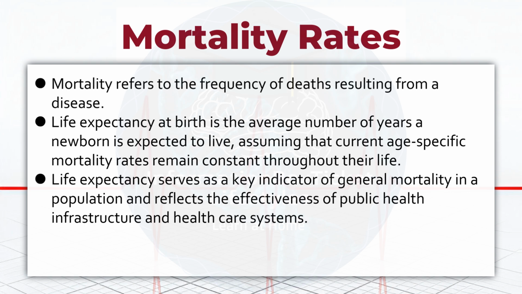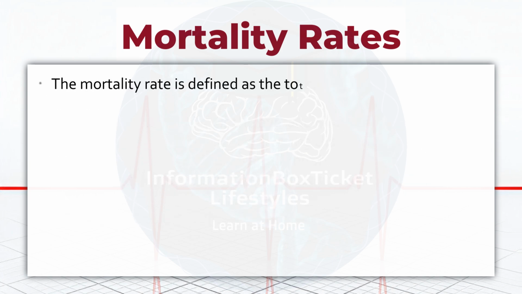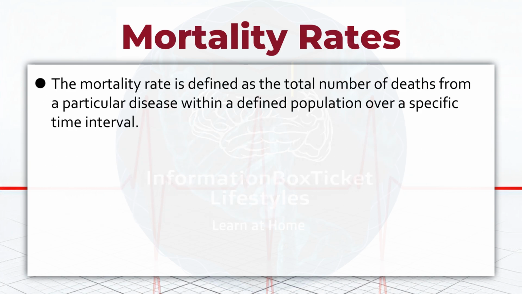Life expectancy serves as a key indicator of general mortality in a population and reflects the effectiveness of public health infrastructure and healthcare systems. The mortality rate is defined as the total number of deaths from a particular disease within a defined population over a specific time interval.